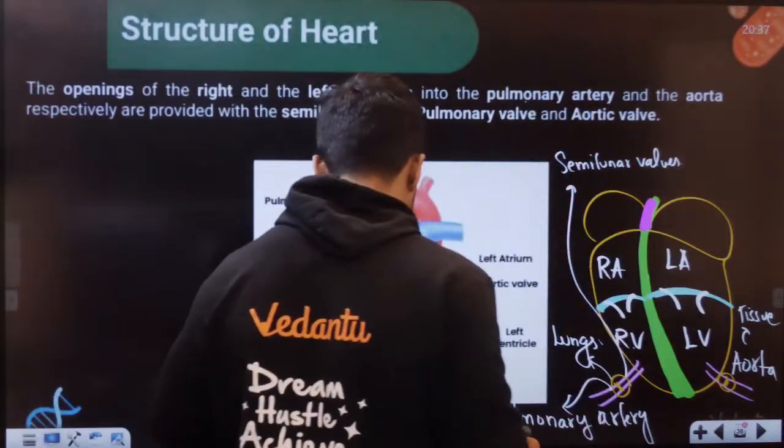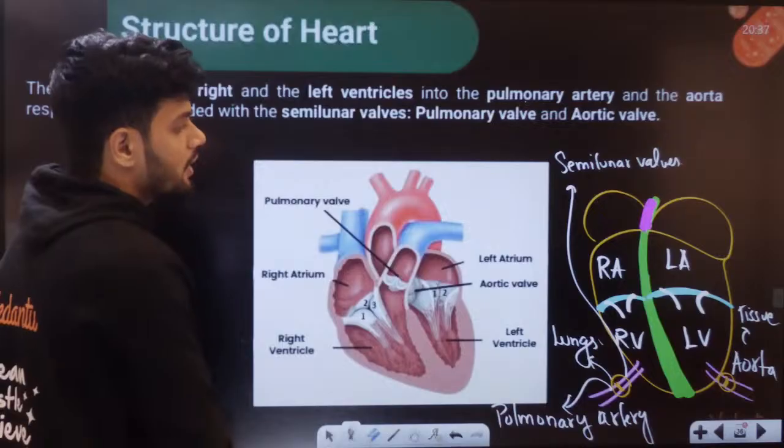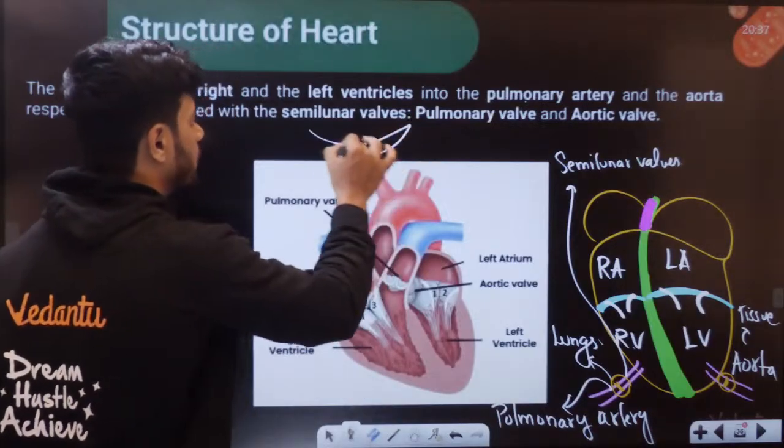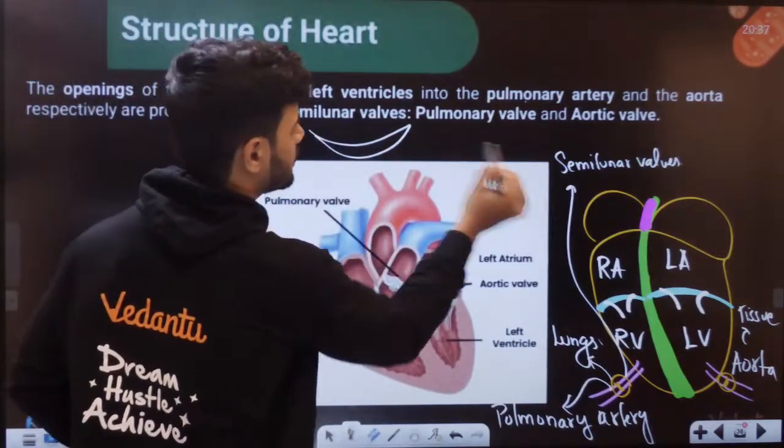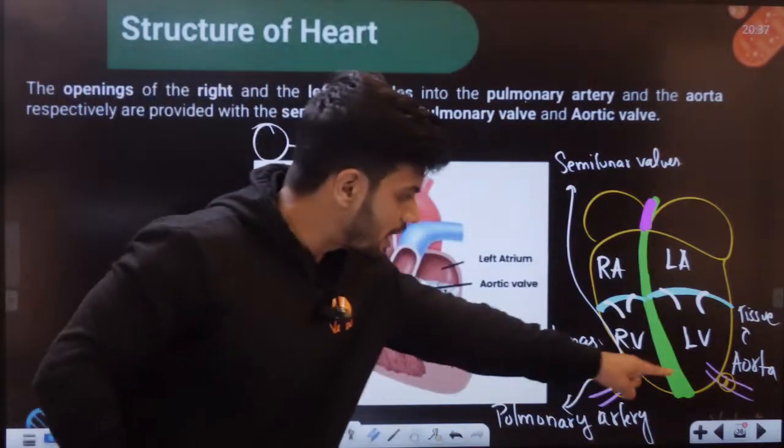Now, what is semilunar? This is called lunar. Semilunar is half. Lunar, semilunar, half. So we can find semilunar valves here.